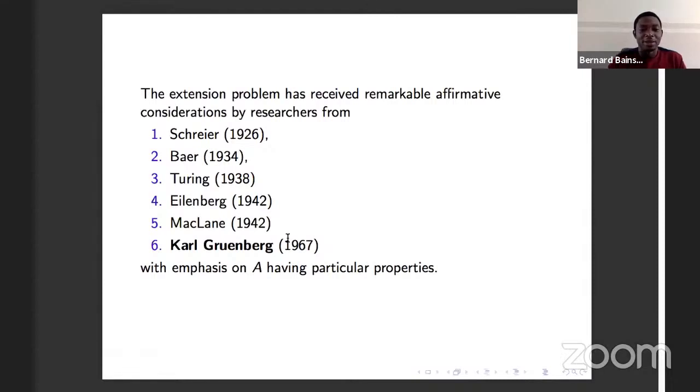The one that I have highlighted in black is where my motivation is from. The extensions of ordered groupoids that we considered, our main motivation comes from the account by Carl Grunberg. So that is why I've highlighted that in black. All of these researchers have made remarkable contributions that have gotten the extension problem to its current status.